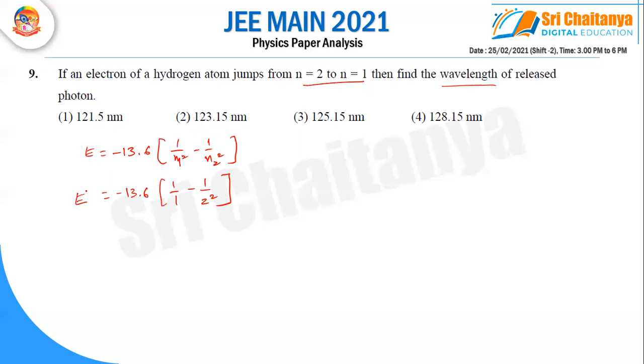If I want the energy in electron volts, 12400 by lambda in angstroms will give us the energy, or I can put 1240 by lambda in nanometers.